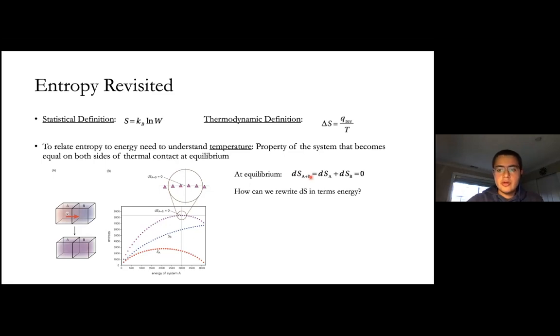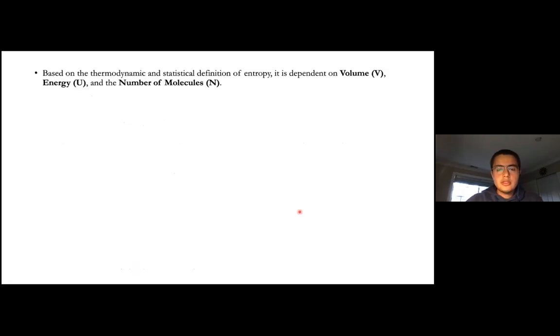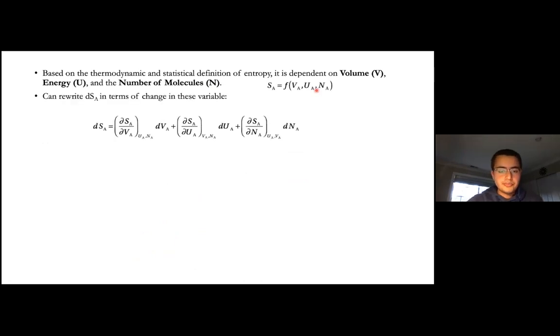Now that we want to rewrite entropy in terms of energy, how can we do it? This goes back to what Pujan was talking about, partial derivatives. We can use the statistical definition of entropy and rewrite it in terms of volume, energy, and the number of molecules, using partial derivatives.